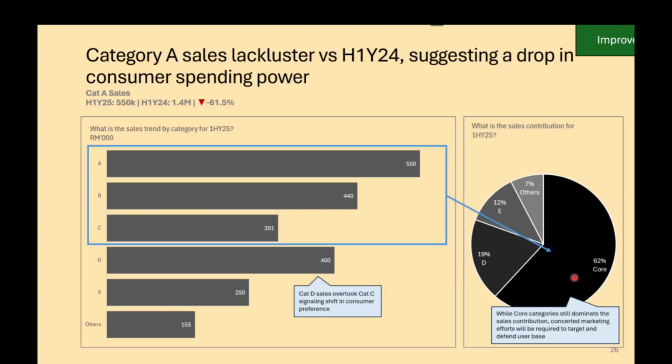I have my core, which comprises ABC. I have then my D and E, which is my top 5 generally, and then I have 7% of others. So also to agree with Shamso, I have already included my data bars, data labels over here, and I removed my x-axis. There is a reason why I do that, which I will be sharing with you shortly.